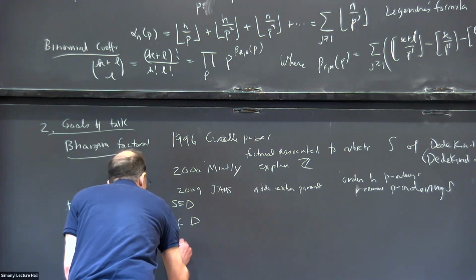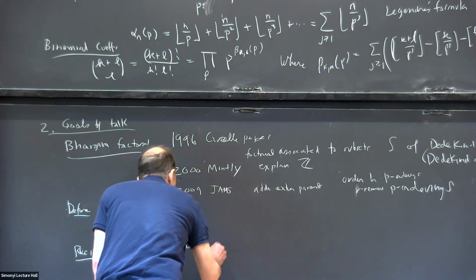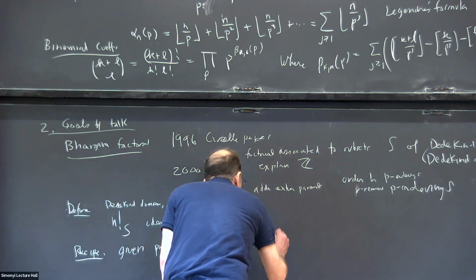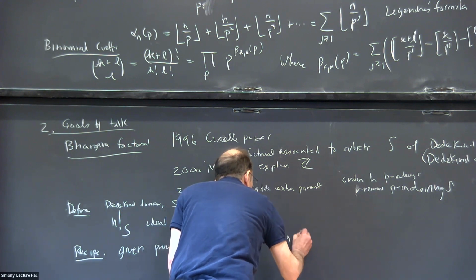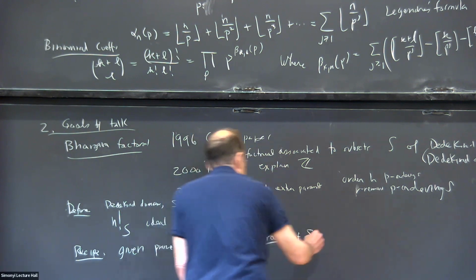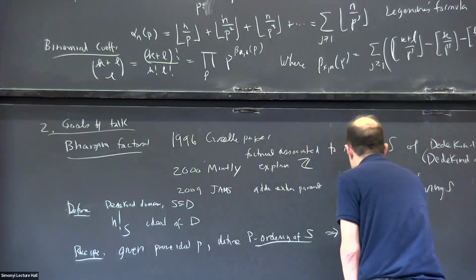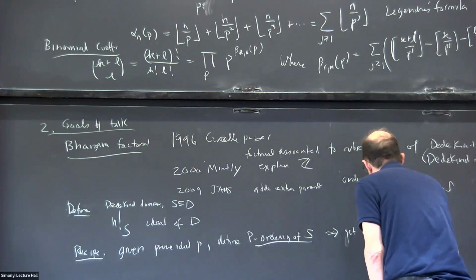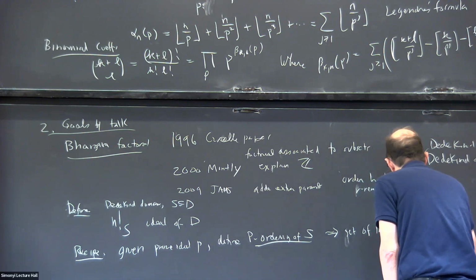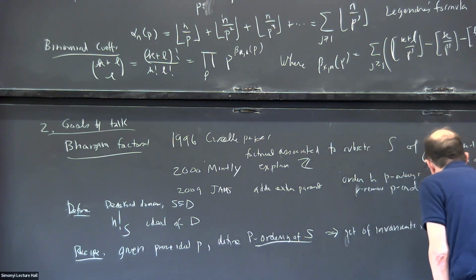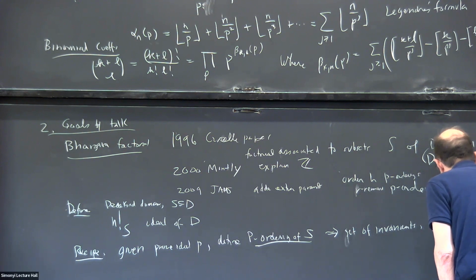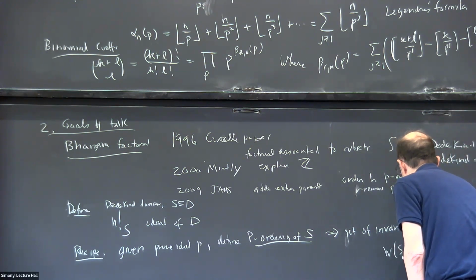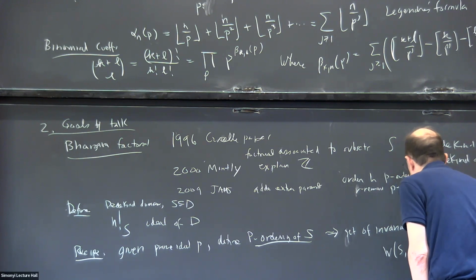So if you're given a prime ideal P, he will define a P-ordering, which I will do later. He will define a P-ordering of this subset S, and from that he will get a set of invariants which you call the P-sequence. So this invariant could be written as w of S, P, a.